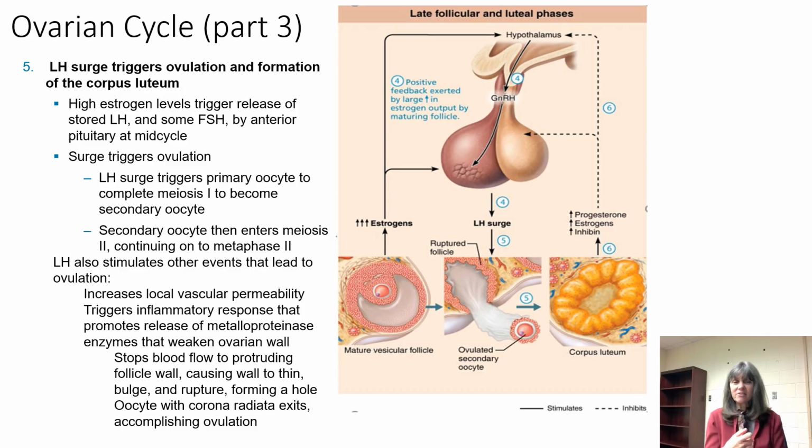It also triggers an inflammatory response that promotes the release of metalloproteinase, which those enzymes will weaken the ovarian wall to allow that rupture to occur. The metalloproteinase enzymes also stop blood flow to the protruding follicle wall, causing the wall to thin, bulge, and rupture, forming a hole. And then that oocyte with its corona radiata will exit the ovary, accomplishing ovulation.